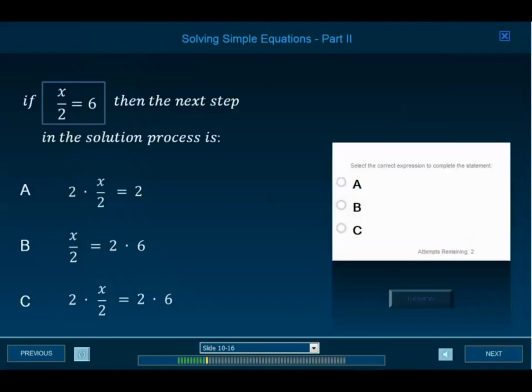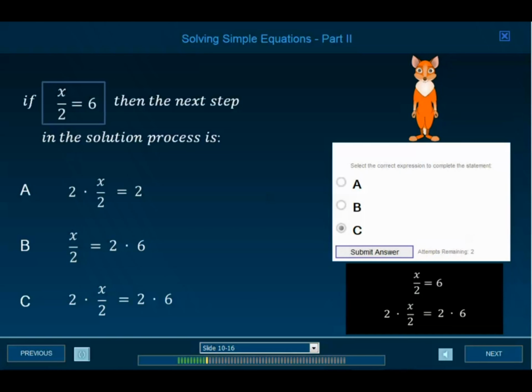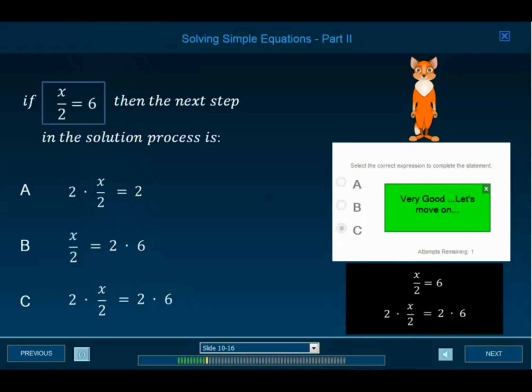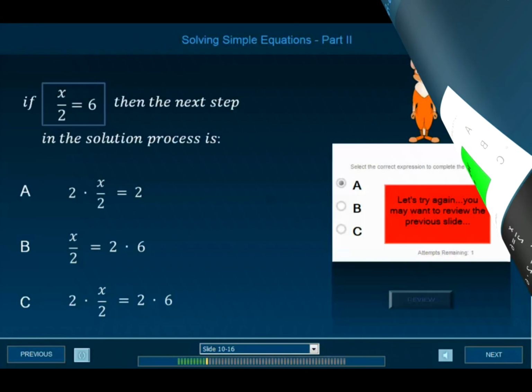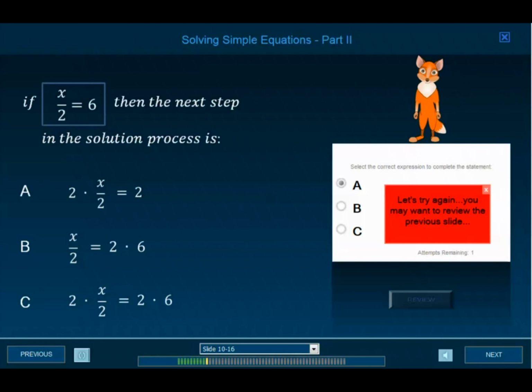X over 2 equals 6. Then the next step in the solution process is which of the following? You're right. If x over 2 equals 6, remember, we multiply both sides by 2.